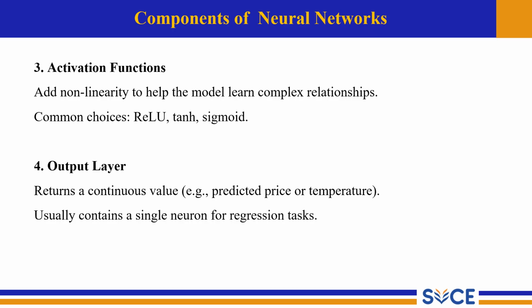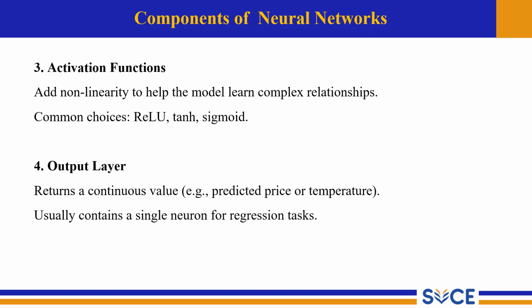And the last one is the output layer. The output layer produces the final result of the network's computation. In this regression task, this layer contains a single neuron that outputs a continuous value such as predicted price, temperature, or any other numerical quantity.